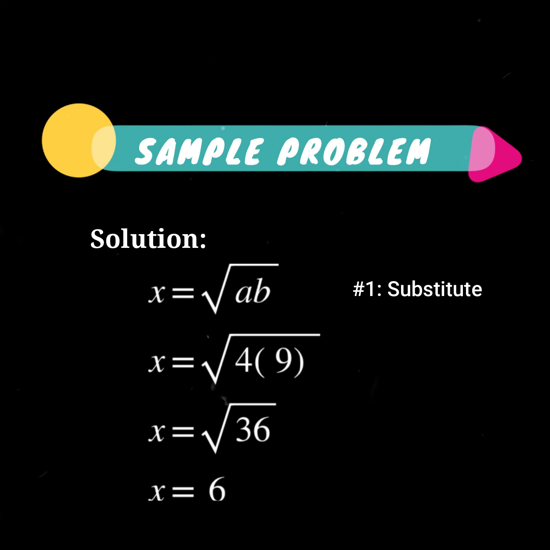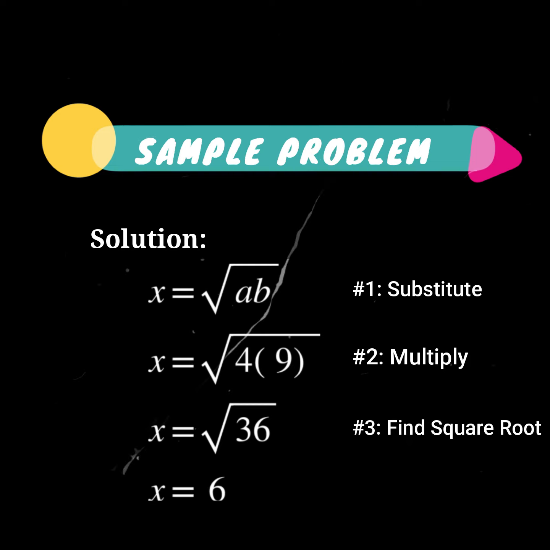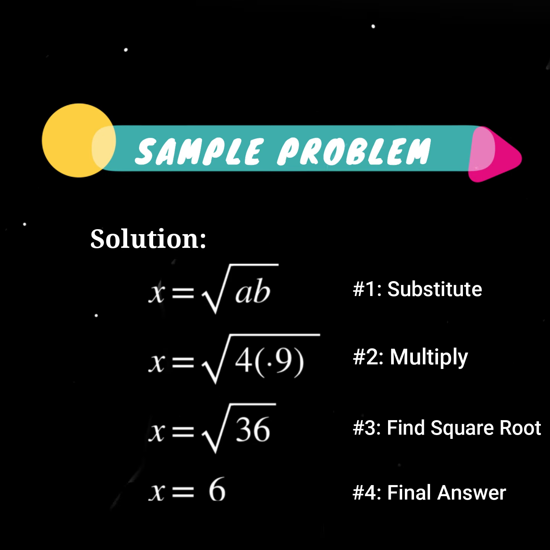After substituting, multiply the first term and the last term, and we will get the answer square root of 36. But that is not our final answer. We need to solve the square root of 36 to get the geometric mean. And after we solve, we will come out with x is equal to 6 as our final answer.